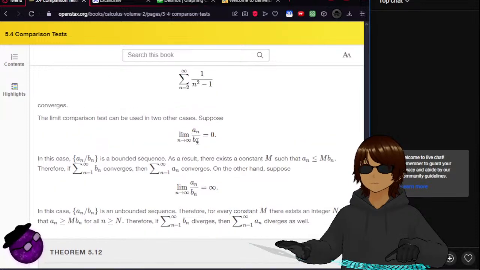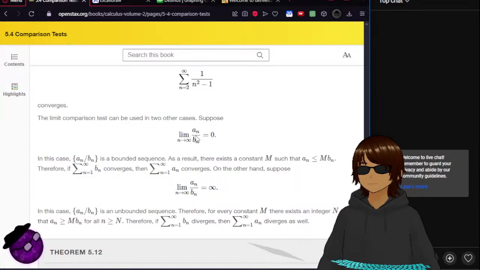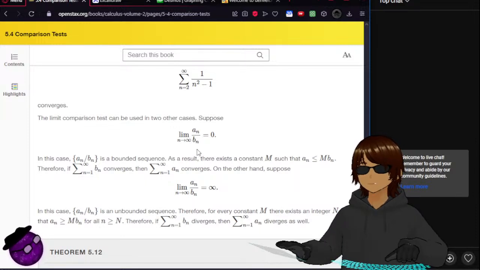Oh, I see. Wait, I don't see. If the denominator converges, right, then the numerator converges. What if the denominator diverges?